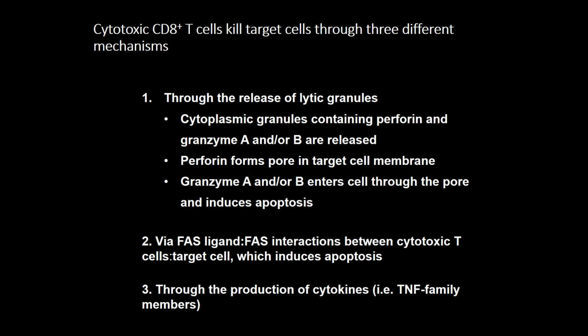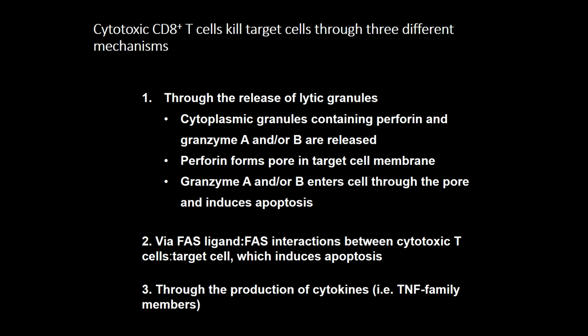Now, as I just alluded to, cytotoxic T cells kill cells by inducing them to die, i.e. promoting apoptosis in the target cells. Okay? And there are three different mechanisms that cytotoxic T cells can use to do this.